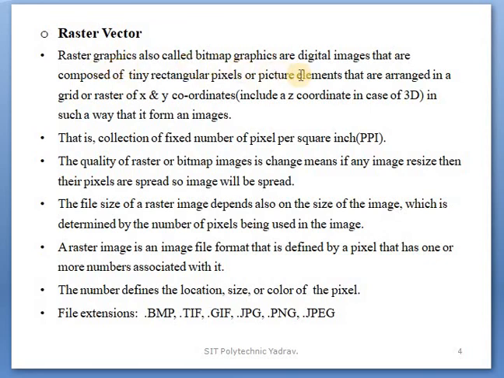How is it designed? They are digital images composed of rectangular pixels, or picture elements, arranged in a grid or raster of x and y coordinates. For example, if your image is in 3D, then there are also x, y, z coordinates, and the pixels are arranged grid-wise. Those images are known as raster or bitmap images.